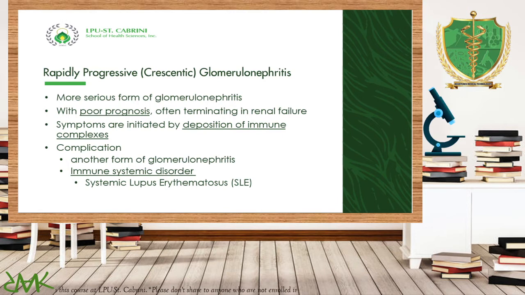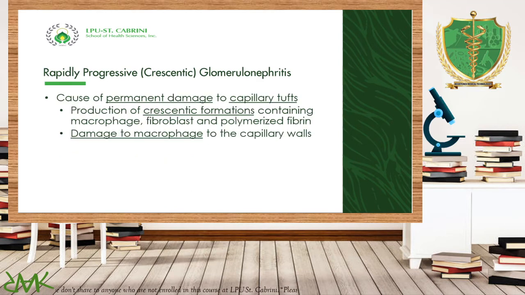Again, I repeat, that is our systemic lupus erythematosus, a systemic immune disorder in which the body's immune system mistakenly attacks healthy tissue. How poor you are. You have this condition and your immune system attacks, instead of foreign substances, the normal tissues.